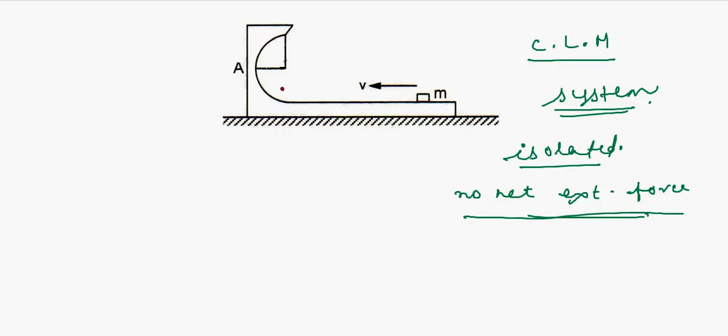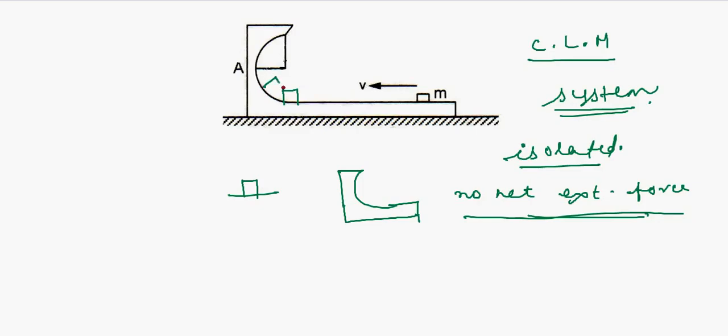As long as we are in the horizontal part, we can take the blocks as separate systems because there is no net force acting on this. There is no net force acting on this. So we can use conservation of linear momentum taking the blocks separately.